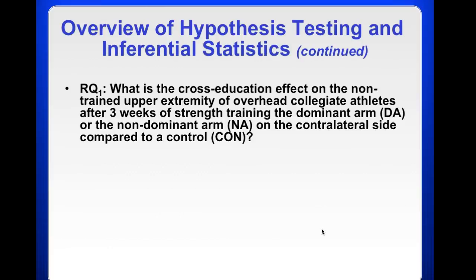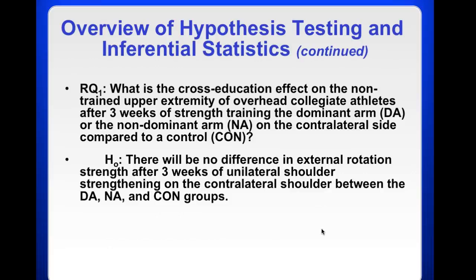And I'm going to test their strength on the other arm, the arm that's not being strength trained, before and after this 3-week training. And so that's the question, what's going to happen? Is there going to be a difference before and after on that non-trained arm? And then compared to a control, obviously. A control meaning this group will not be doing any of the training.